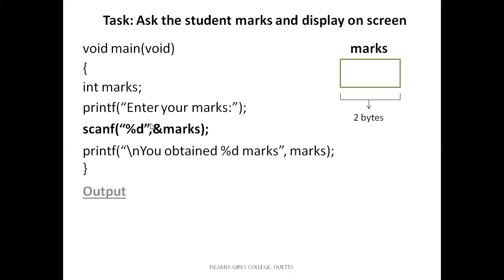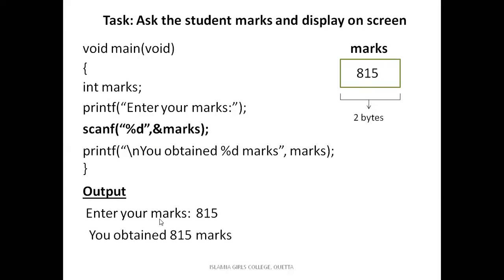Now when the next statement is executed, it will be printed that enter your marks, and suppose that the user has entered 815. So those 815 will be stored in this memory location. And then in the next statement, we have printed those 815 marks on the screen. So this was our first example, and we have seen how you can take the integer type data as input from the user and then display it on the screen.